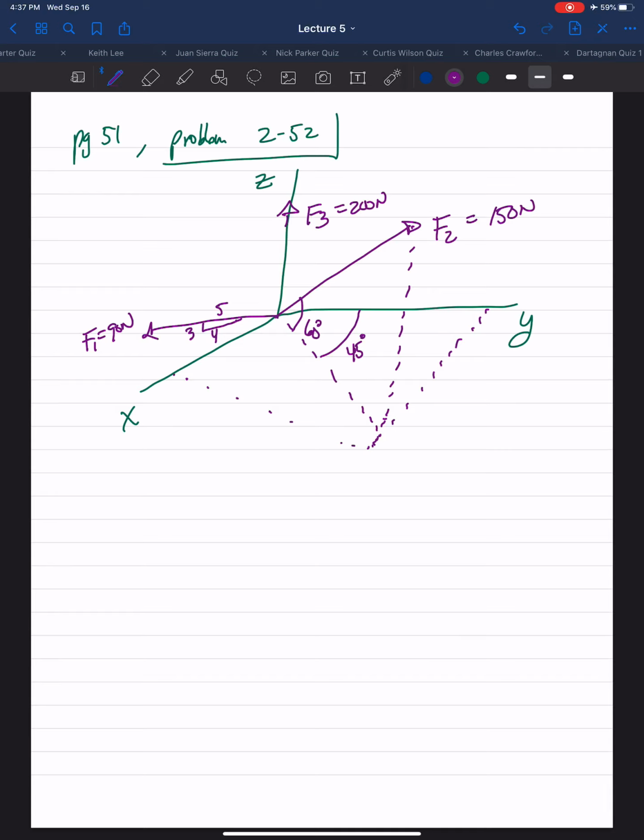Okay, let's get to work. So in Cartesian vector notation, magnitude and direction, my F1, like we said, is only in the XZ plane. So that's the 90 newtons.